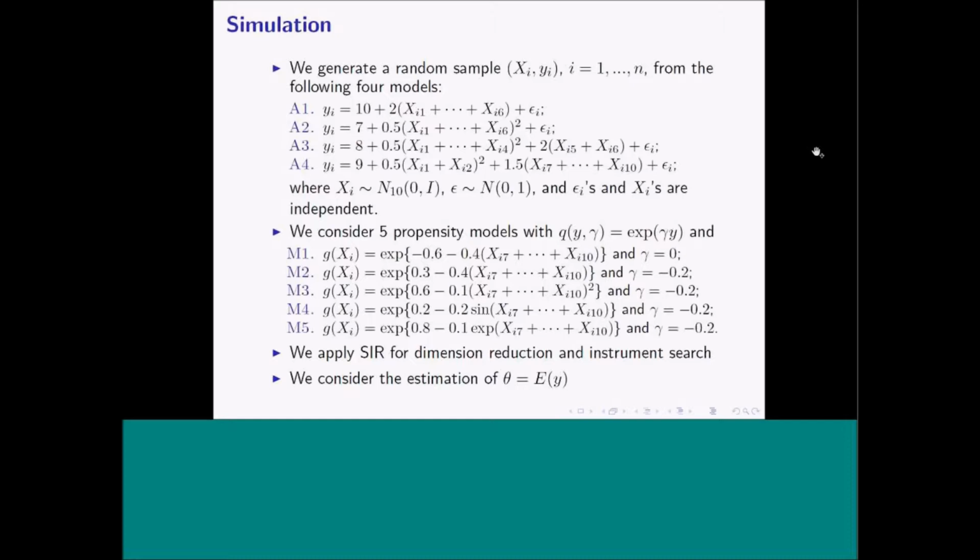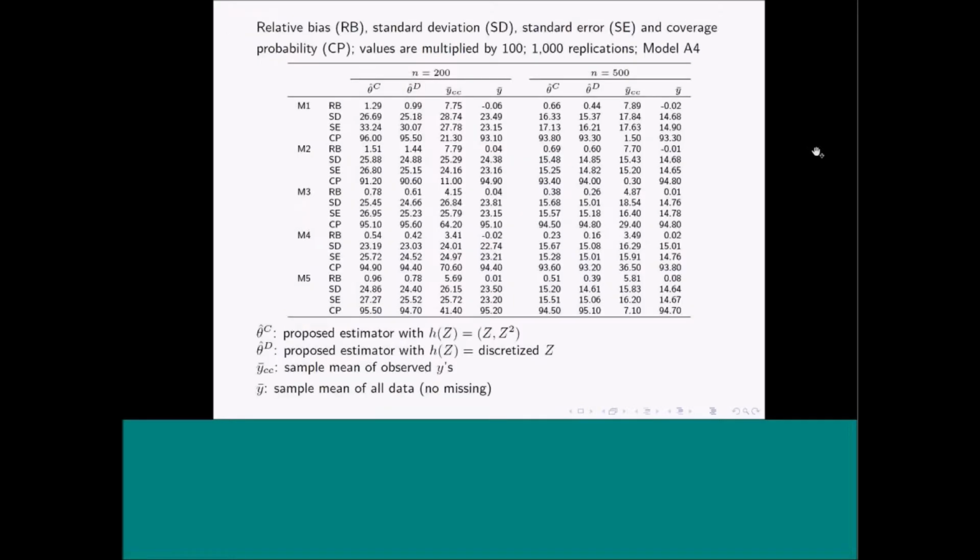SIR is slice inverse regression, the oldest dimension reduction method. And here is our simulation. After the dimension reduction, we follow the previous work to construct our estimate. The simulation just shows that the method works fine.